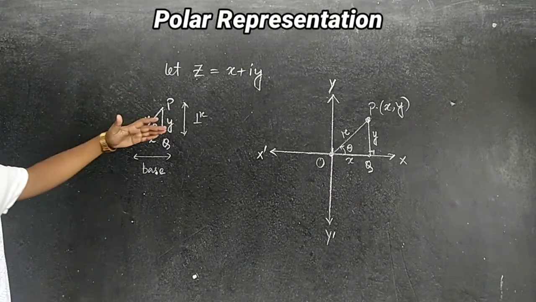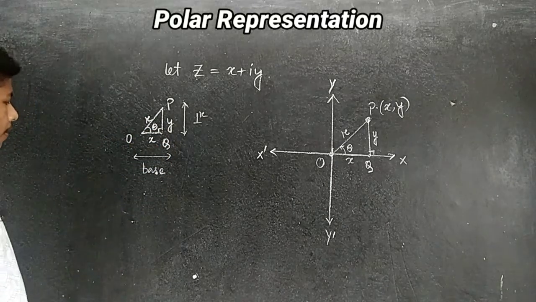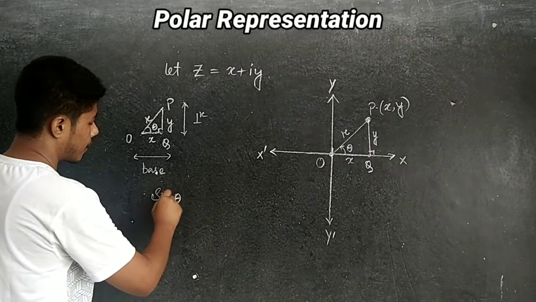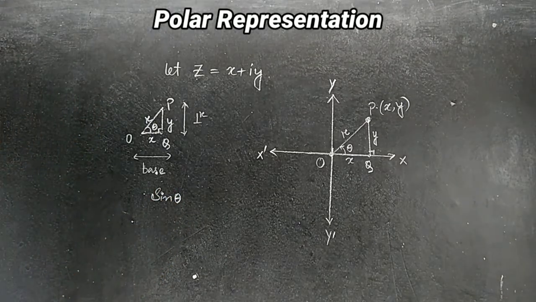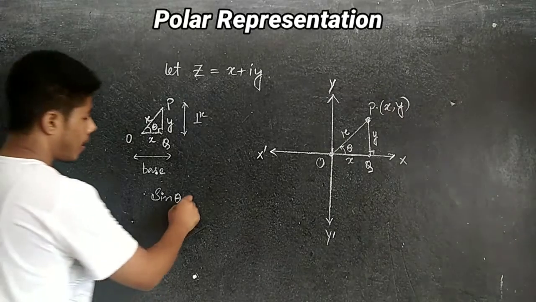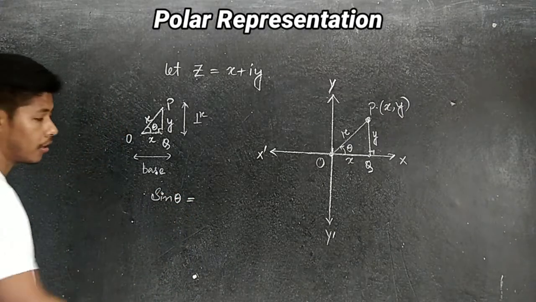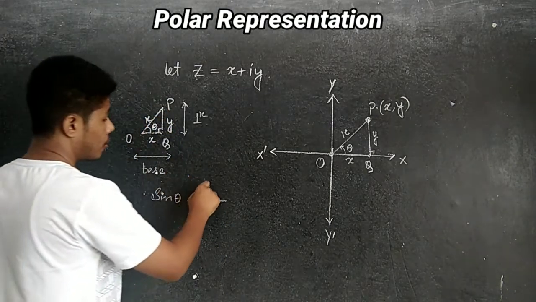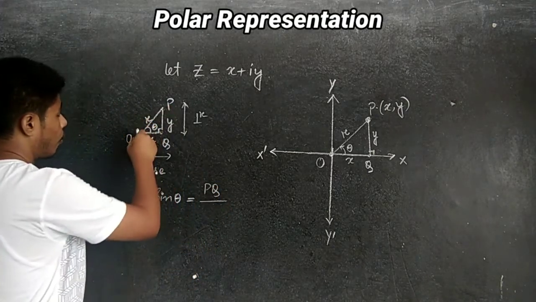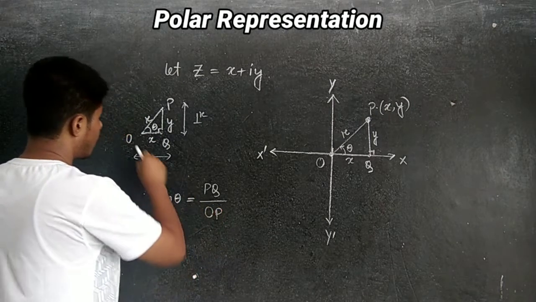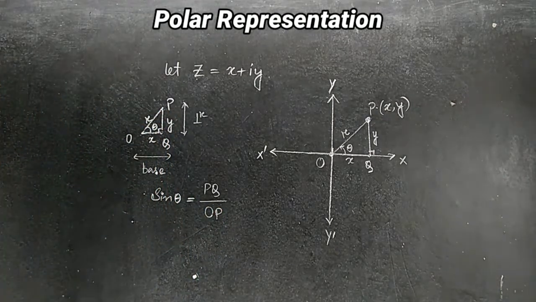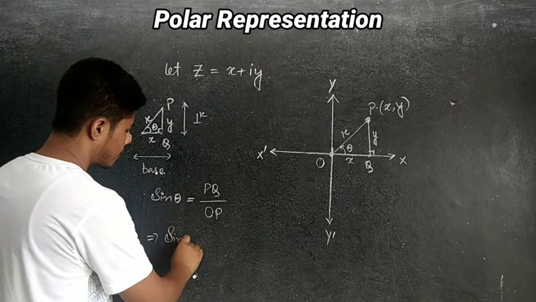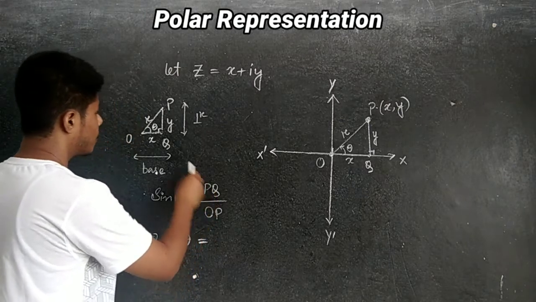So there are some trigonometric formulas. If we apply the sine formula, sine theta equals what? Perpendicular by hypotenuse, isn't it? What is perpendicular here? PQ. So PQ by OP, perpendicular by hypotenuse. So sine theta equals PQ by OP.